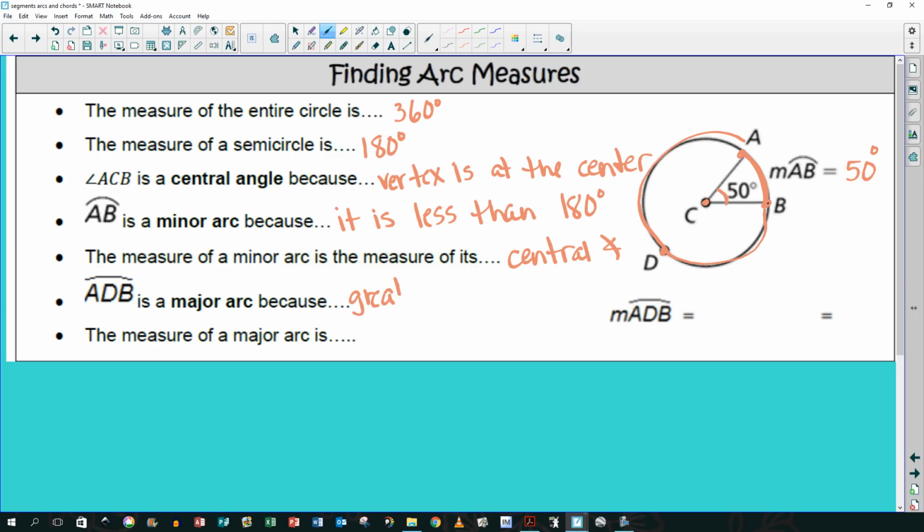So for example, if this angle is 50, then this arc is 360 minus 50. So it's 310 degrees. So the measure of the major arc is 360 minus the minor arc.